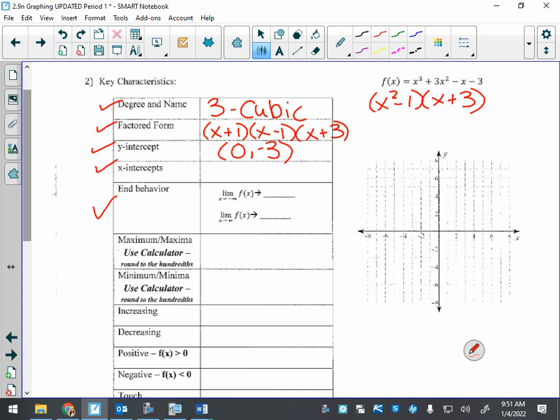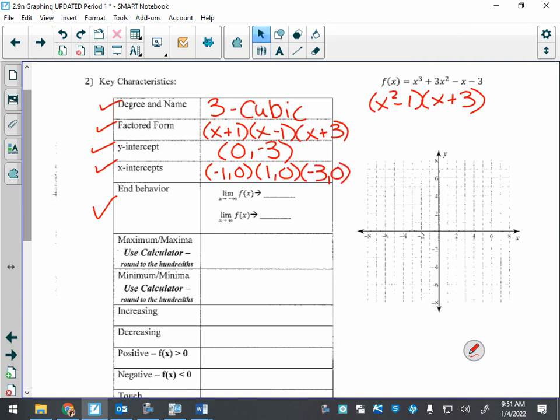Christian, what are my x-intercepts? Good. Okay, so those I'm just going to plot right here. 0, -3. All right, what is my end behavior?